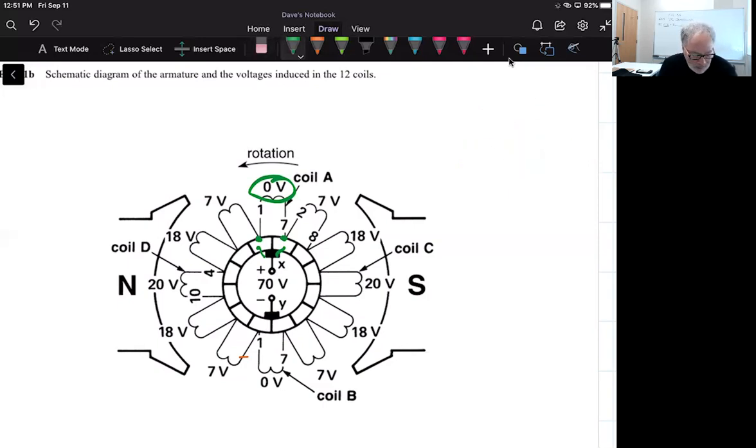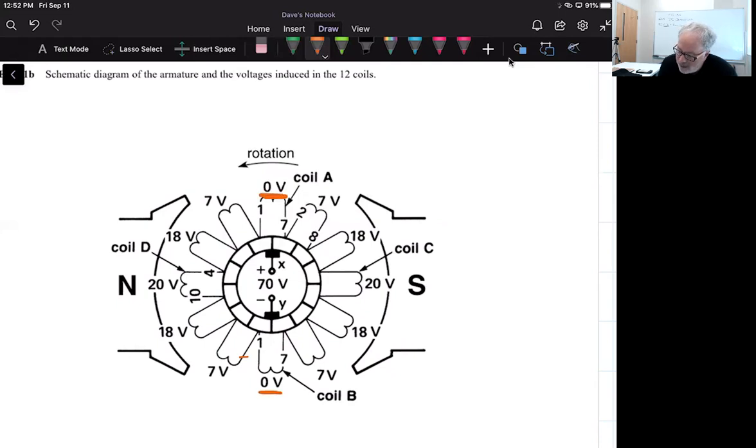That's very important in the operation of this generator, because that's the condition we want during the voltage generation process. We want it such that when the two segments that are connected there are shorted out by the brush, there are 0 volts there.